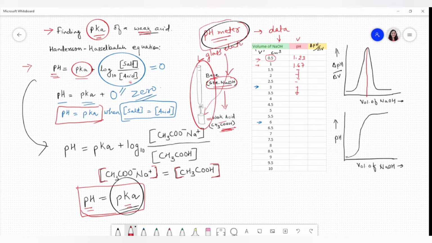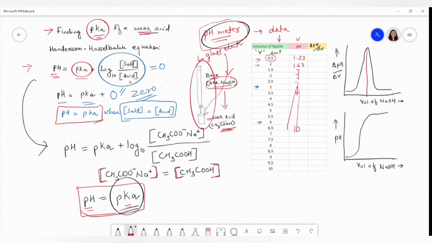Initially it will increase very gradually, very slowly, but when you get the point of equivalence, this value suddenly jumps, and say it reaches around 10 or something, right?